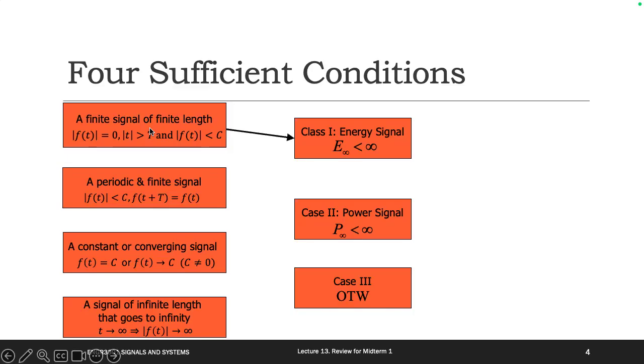If you use the equations, you can prove that. But this one is easy to tell: this kind of signal belongs to class 1. Which you can see here, this signal is a finite signal. What does finite signal mean?